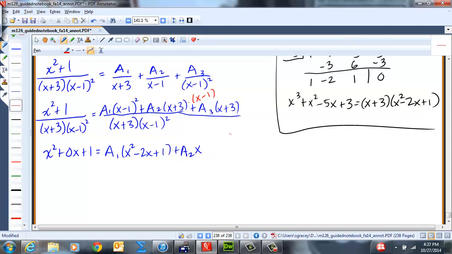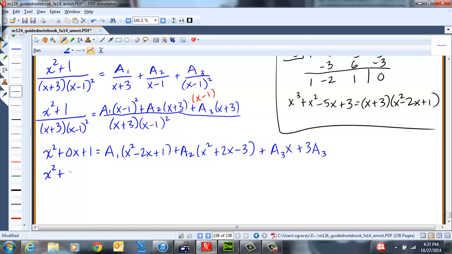Okay. So we're going to end up having A2 times, when you multiply those together, x squared plus 2x minus 3. And then now we have our A3 times x plus 3 times A3.